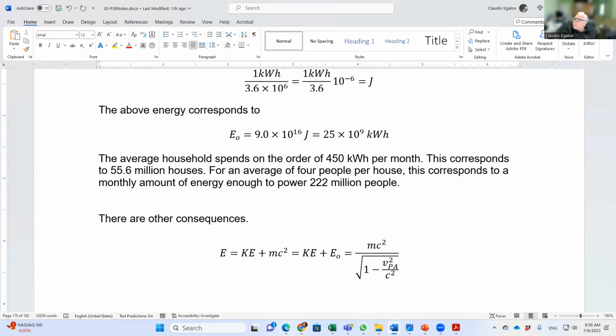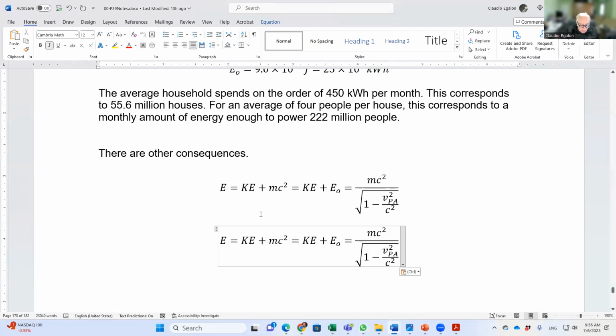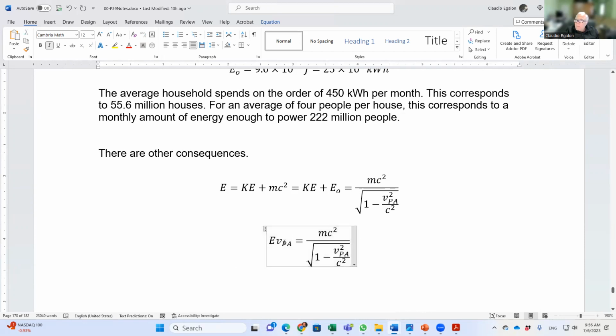So what else can we do? Well, we can do something else. We can investigate what happens if we multiply the velocity of the particle with the energy. We can do that.